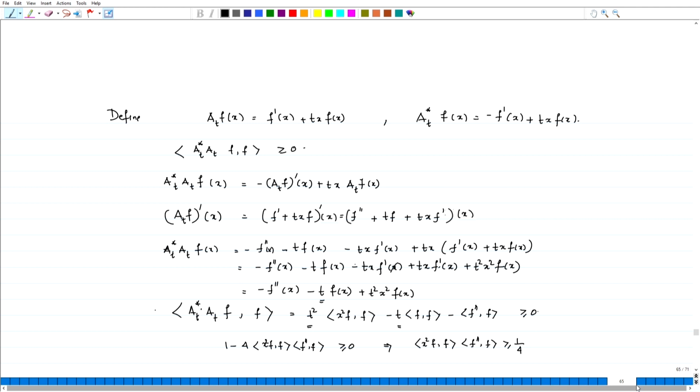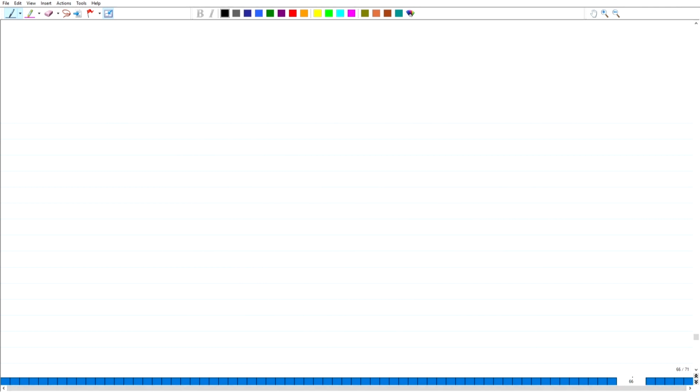And again, this will imply that the integral from minus infinity to infinity of x square mod of f of x square dx, multiplied by the integral from minus infinity to infinity of f double prime of x and f of x dx, is greater or equal to 1 by 4.